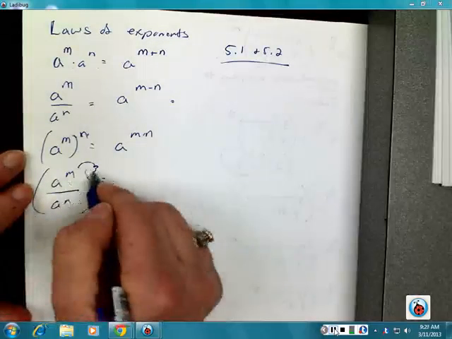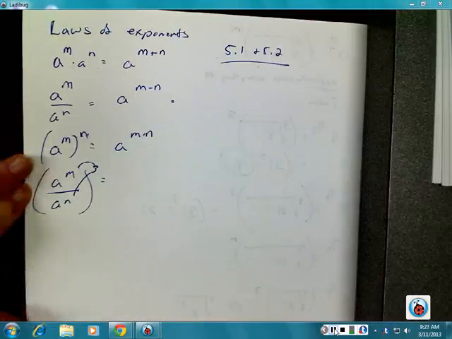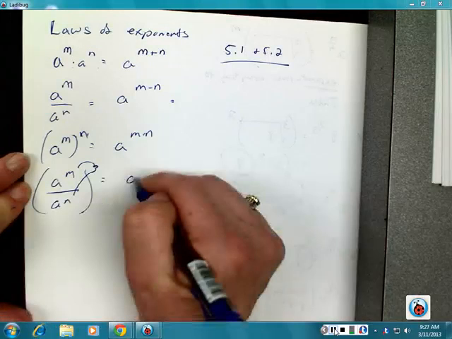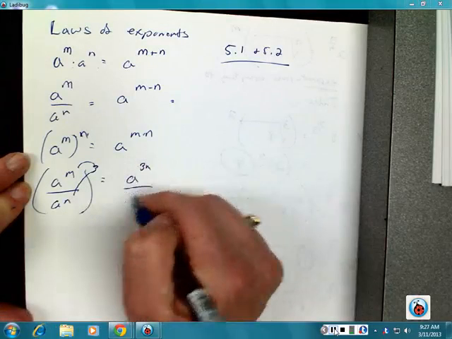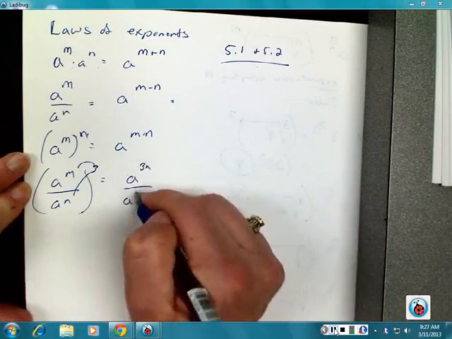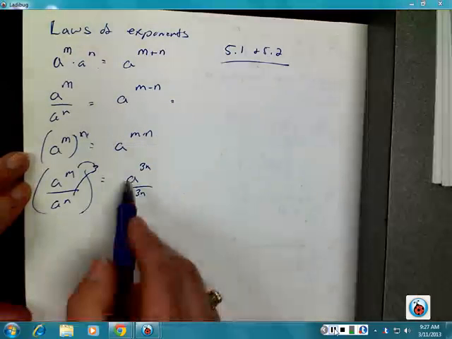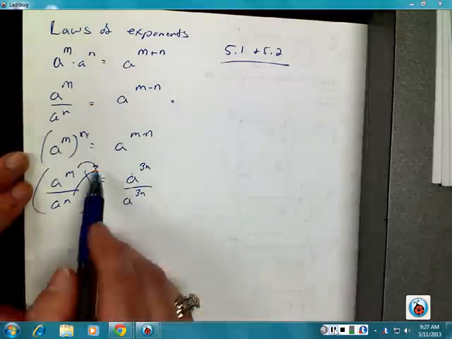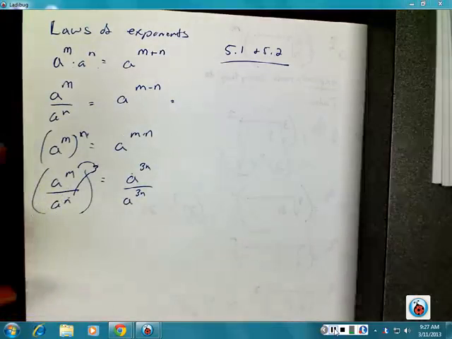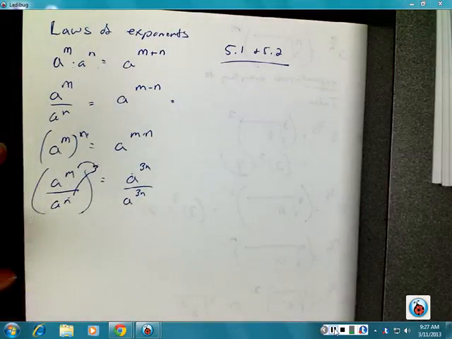This one, you distribute each piece times your values that are in there, and so I end up with a to the 3m over a to the 3n, because you'd be distributing that 3 to everybody that's in there as far as exponents go.